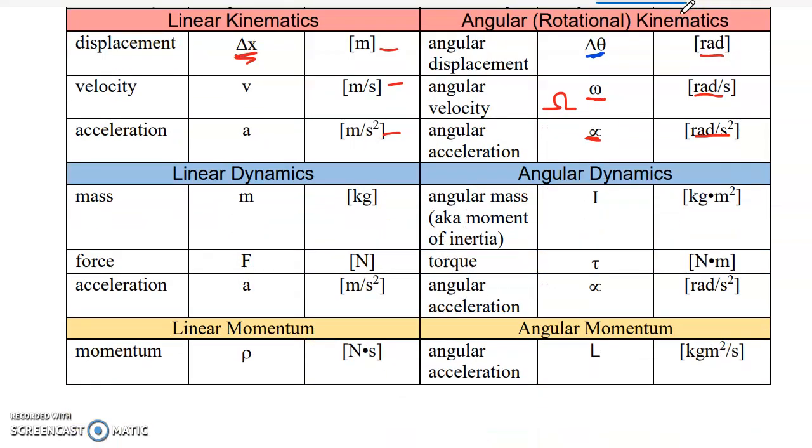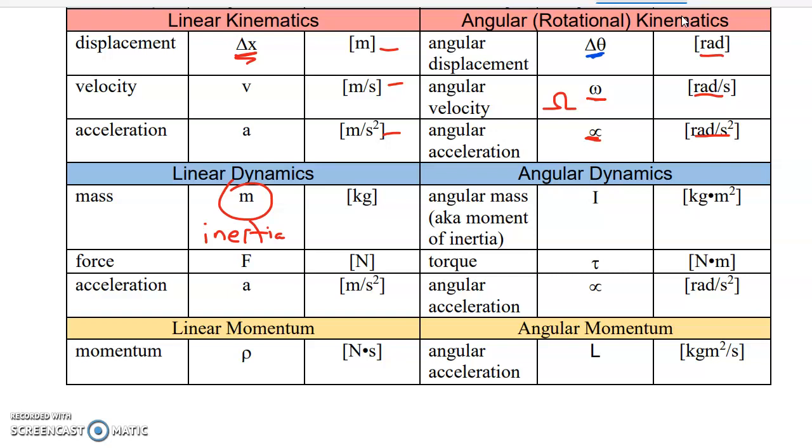Okay, getting into angular dynamics. Analogous to mass in our linear dynamics, think of mass as the inertia that keeps an object from moving. This is what Newton's first law describes: an object will tend to stay in motion or resist changing motion.